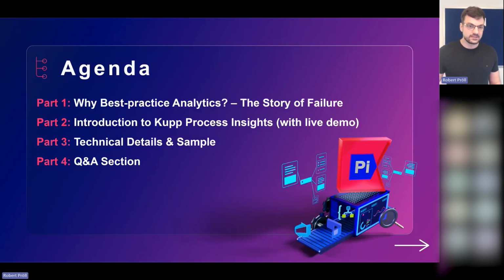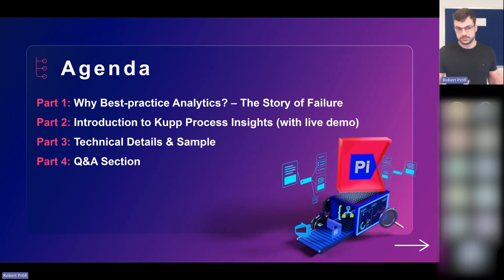So let's take a quick look at the agenda. It's a very simple one. The first and second part is more or less about functional topics. So we do not talk about coding. We do not talk about how to find issues in the code. It's more the functional side, as I said, how to analyze the system and so on. The second part is a little bit more about technical details.